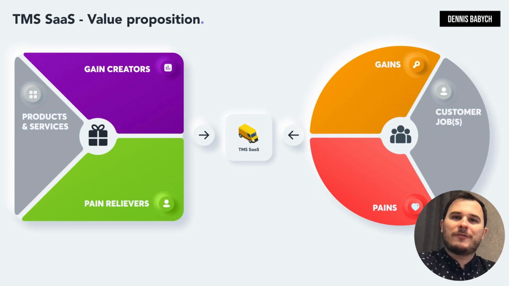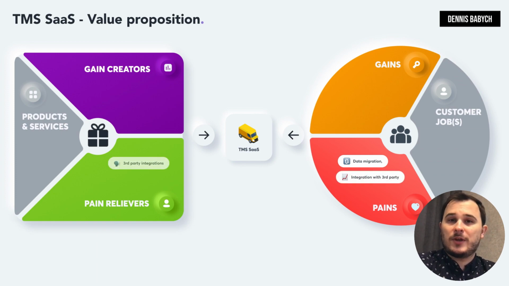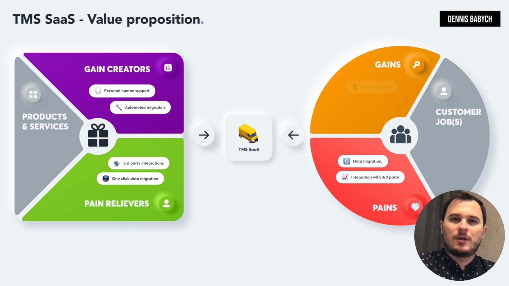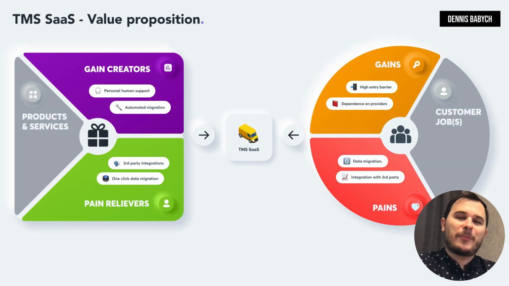Picture this. You have an exciting idea for your own transport management software. Before diving right into the software development phase, it's important to identify the pains and gains of your users. It could be something like lack of integration with third-party services, uncomfortable data migration, high entry barrier, dependence on providers. Once you have identified all these issues, it's the perfect time to leverage your platform to tackle them.